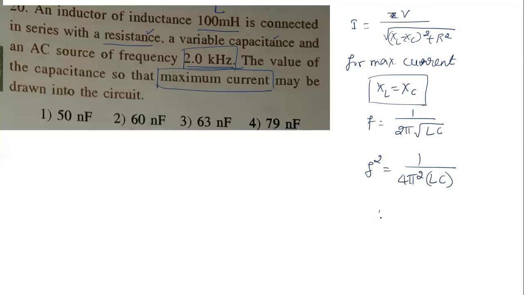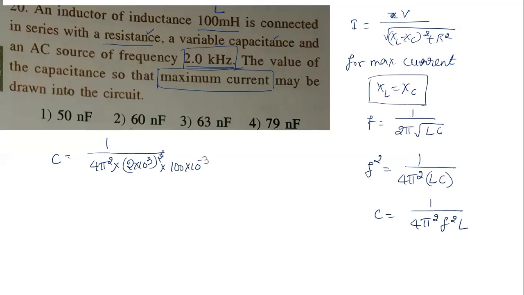We want C, so C equals 1 divided by 4 pi square F square L. Now we use this equation: C equals 1 divided by 4 pi square into F square, that is 2 into 10 power 3, because K means 10 power 3, whole square, multiplied by L, that is 100 millihenry, 100 into 10 power minus 3.